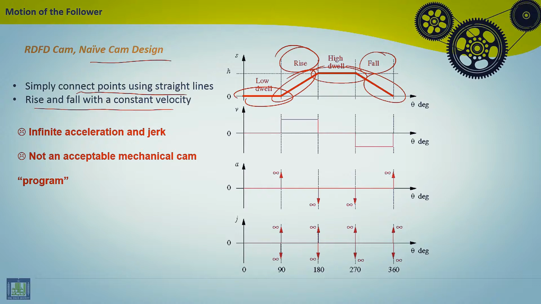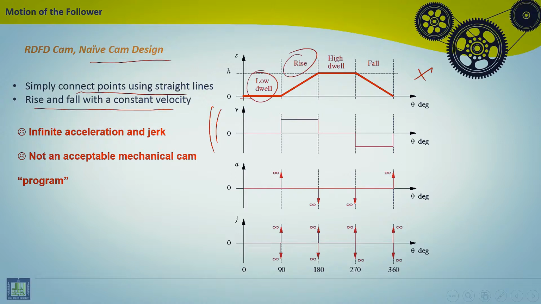If the position is like that, it includes, for velocity, between low dwell and rise phase, a sudden increase in velocity. Here a sudden decrease in velocity, and here too. And velocity is constant here for all phases.